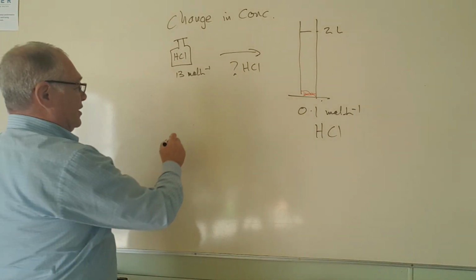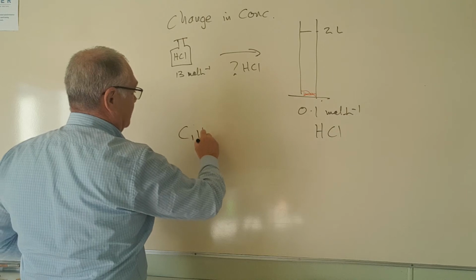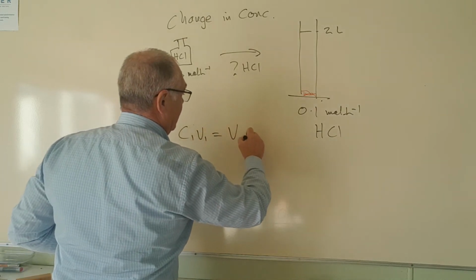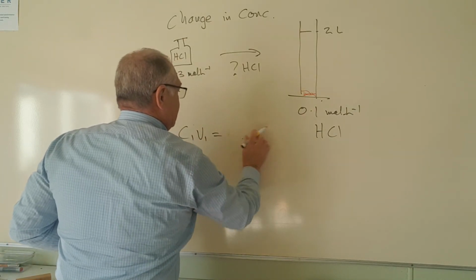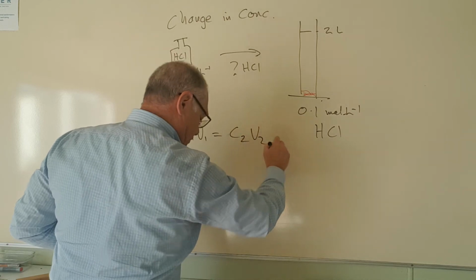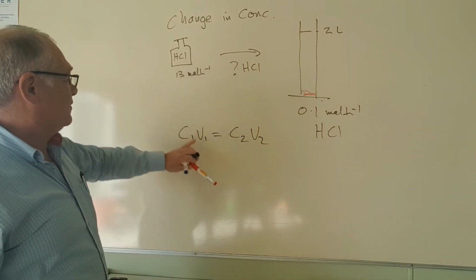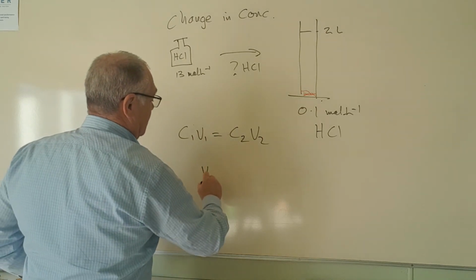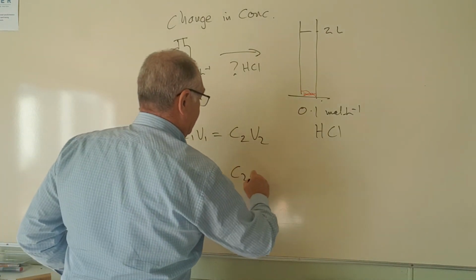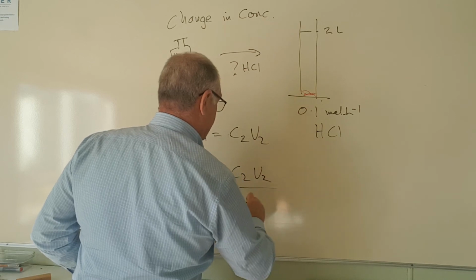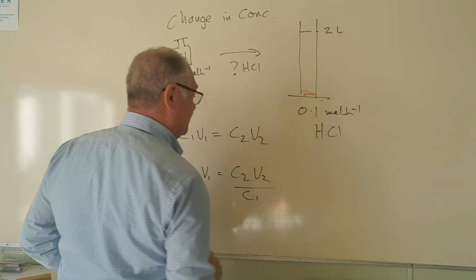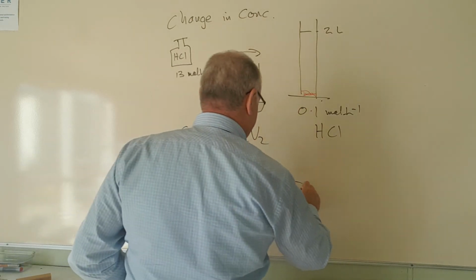Well, again, I'll start with my formula. C1V1 is equal to C2V2. I rearrange it because what I need to know is V1. So V1 is equal to C2V2 over C1. I poke in the numbers.